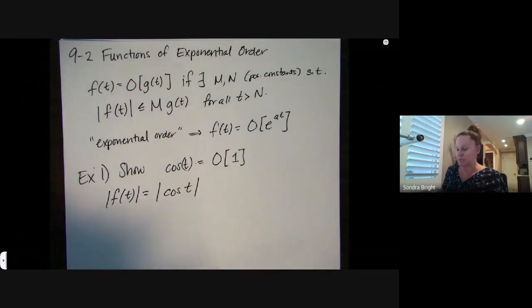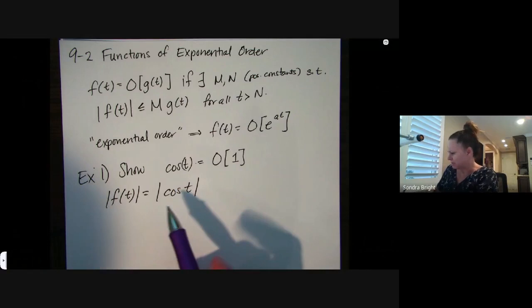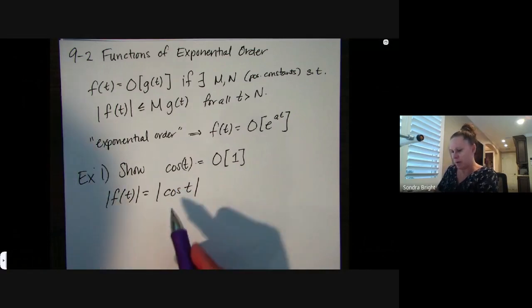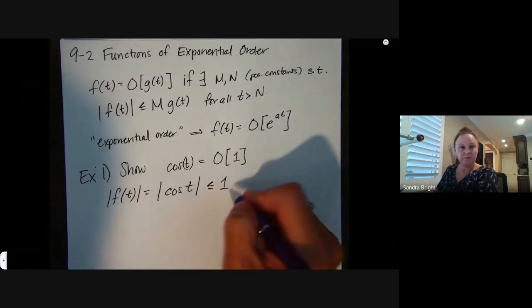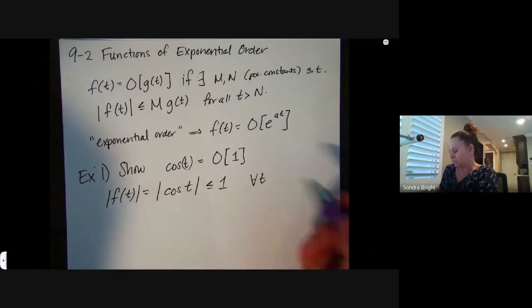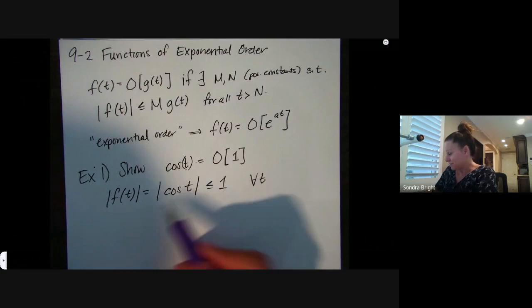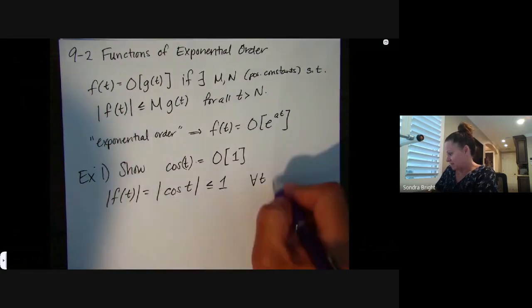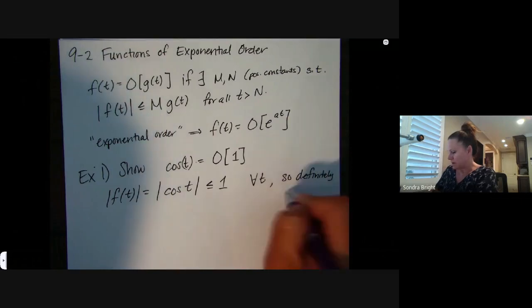We know that cosine is between -1 and +1, so the absolute value is less than or equal to 1. And that's true for all t, so definitely it's true for t greater than 0.